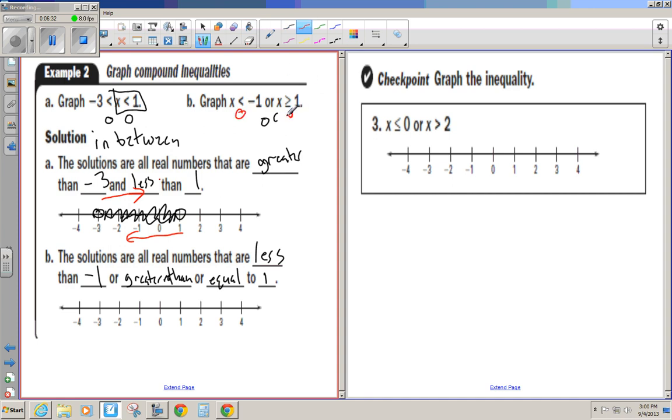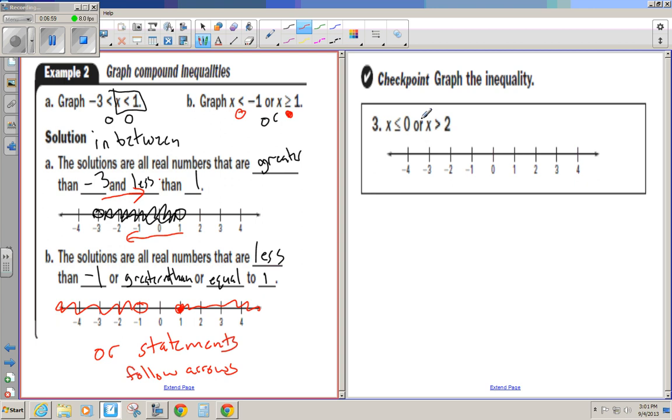Over here, solid dot. Solid dot at 1, open dot at negative 1. And when you have an or statement, maybe you should add this. Or statements, you basically can follow the arrows if you want. This arrow is pointing to the left. The other arrow is pointing to the right.